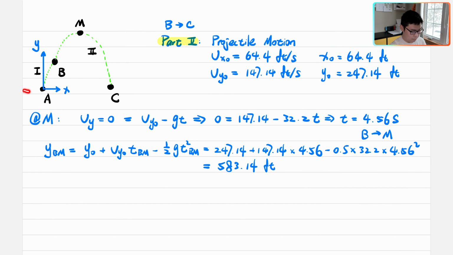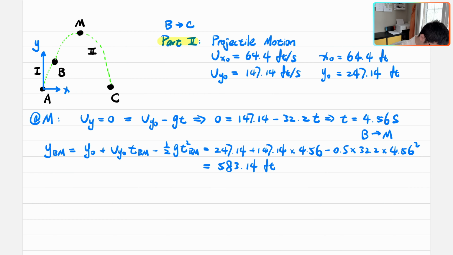And remember, for point C, you're coming back to the ground. That means, in the vertical direction, you're coming back with 0 vertical displacement. Make sense?